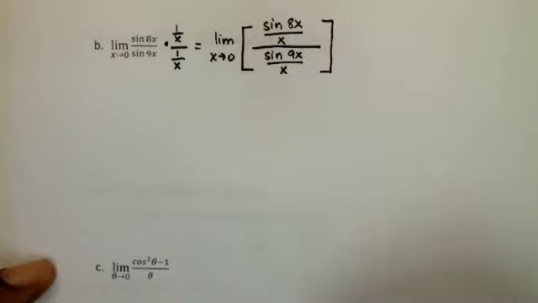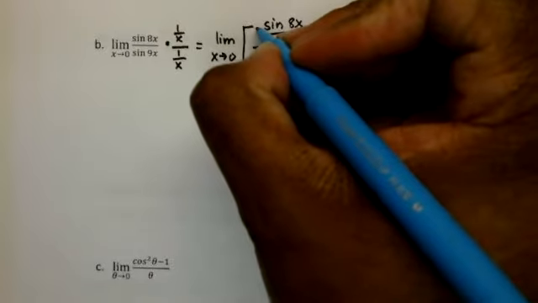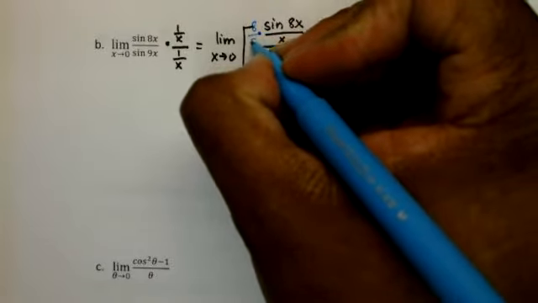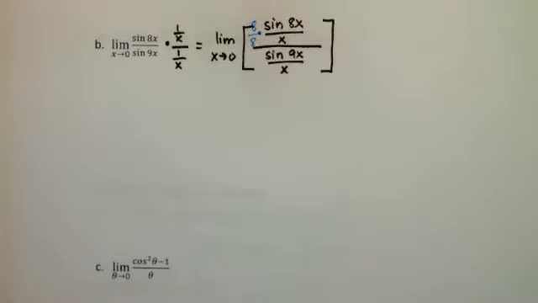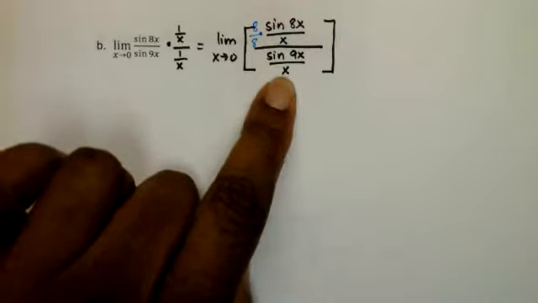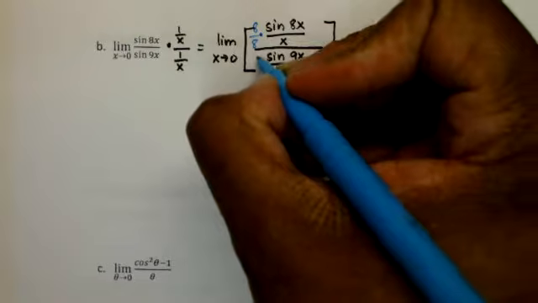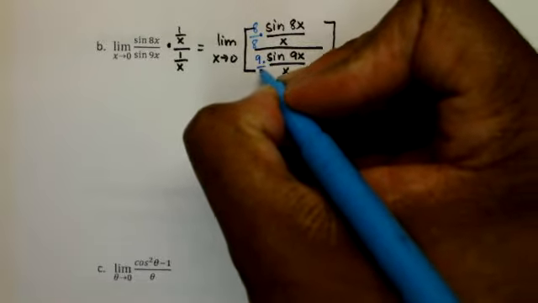So what I need to do here is multiply the numerator and the denominator by 8 over 8. Now take a look at your denominator, sine of 9x over x. This x needs to be a 9. So to do that, I need to multiply the numerator and the denominator by 9.